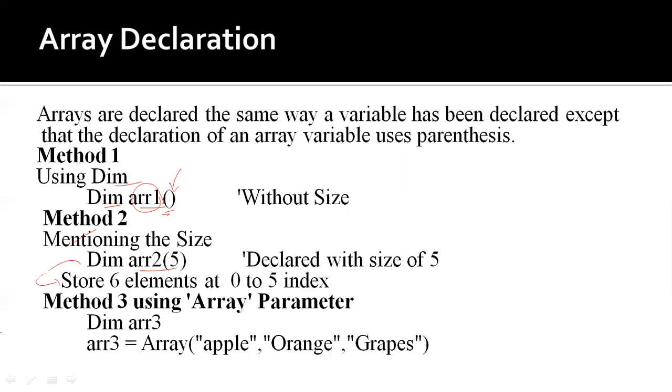The third method is using the Array function. You can write it this way: Dim ARR3, and ARR3 is equal to the Array function. Then you can write different elements inside the brackets.